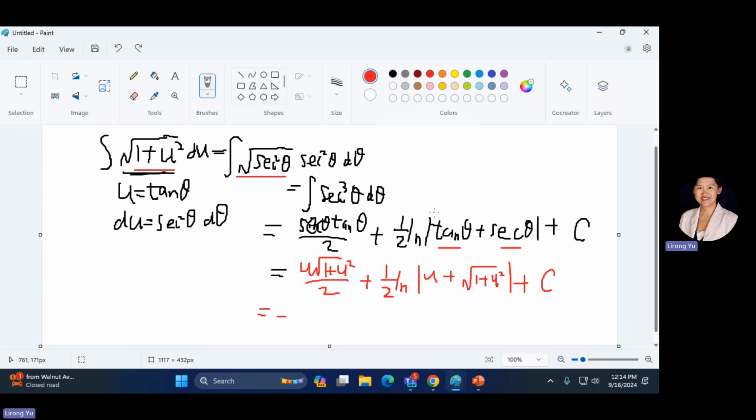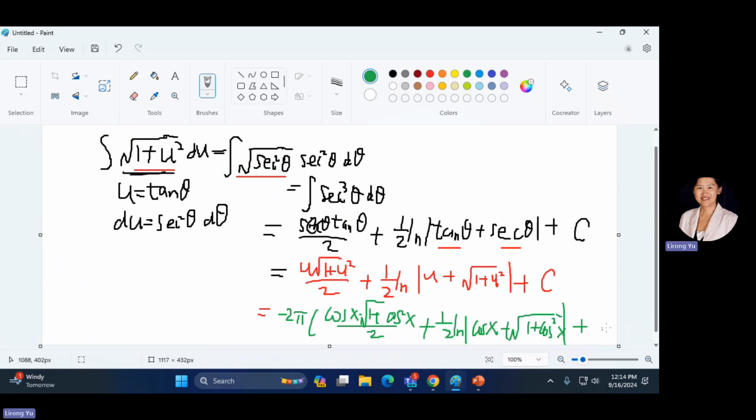This for the original question should be negative 2 pi times cosine x times root of 1 plus cosine squared x over 2, and then plus 1/2 ln of cosine x plus root of 1 plus cosine squared x, plus c.